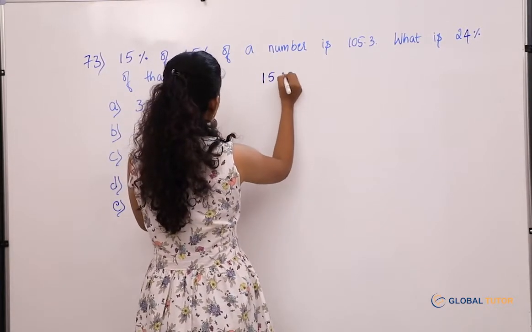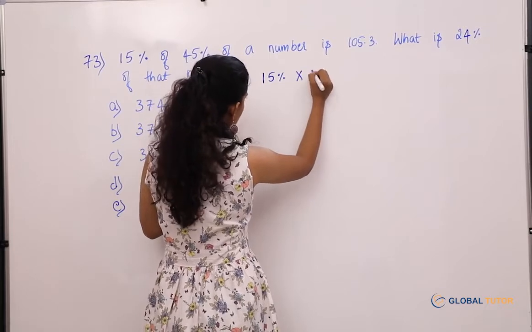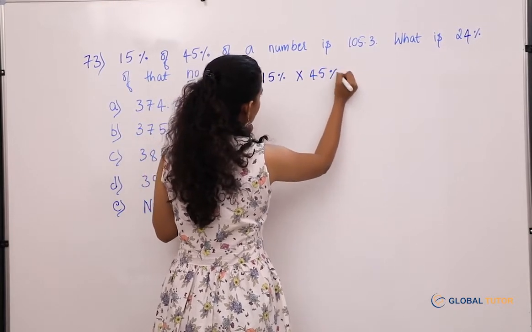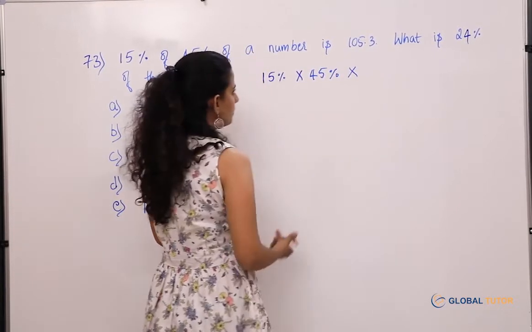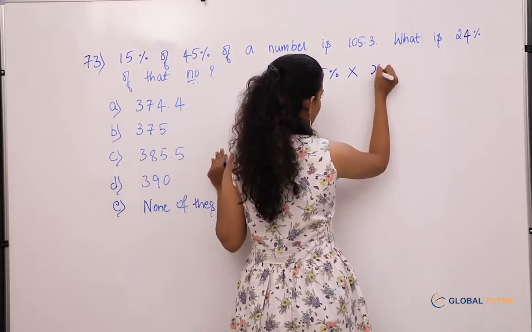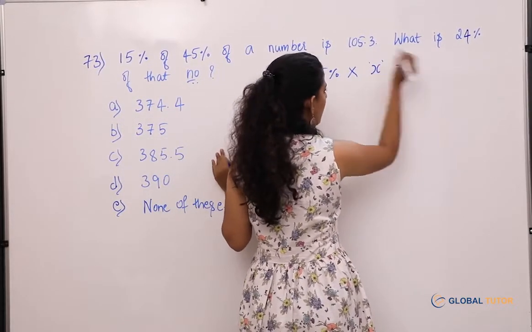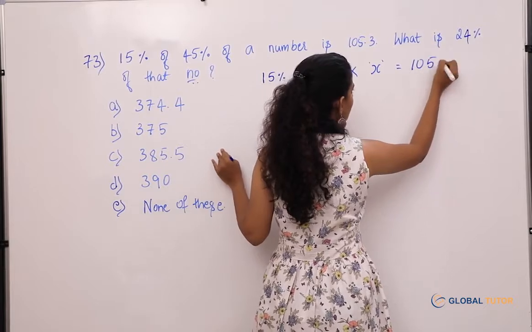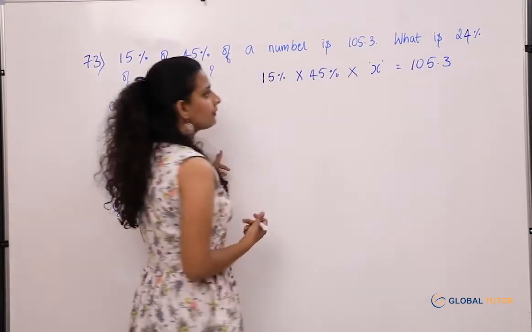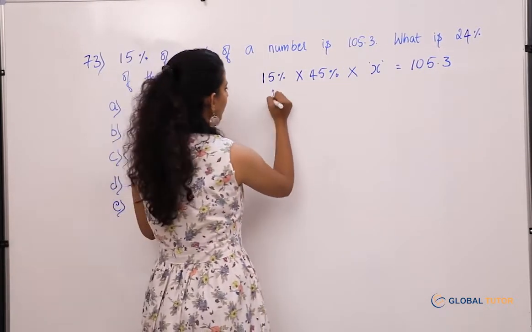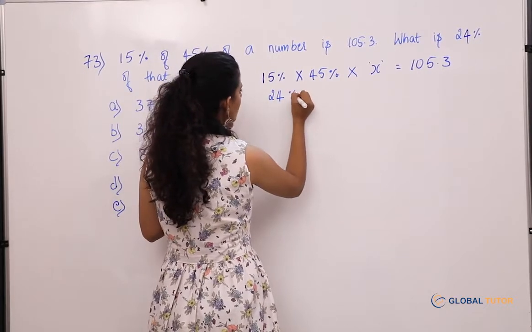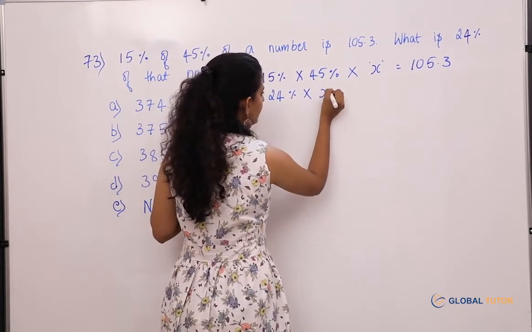There is 15% of 45% of a certain number, let's call it x, is 105.3. Now they've asked us to find out 24% of this number x.